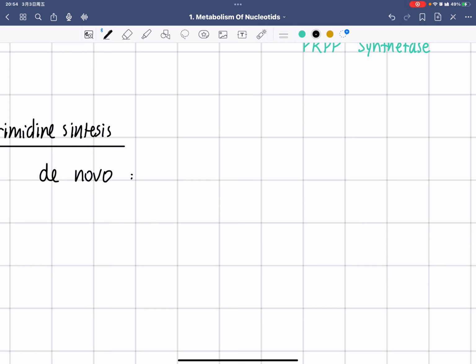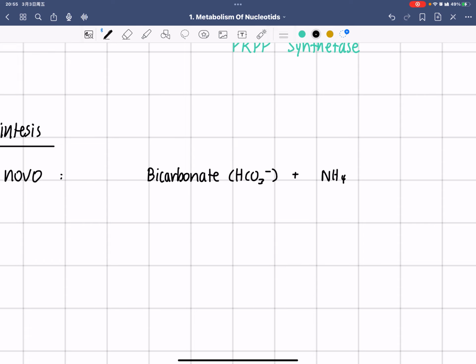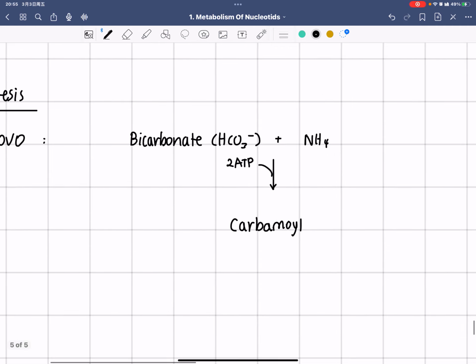So the basic, general view of this process is: start with bicarbonate, an amino group, and then we use 2 ATP to form carbamoyl phosphate.